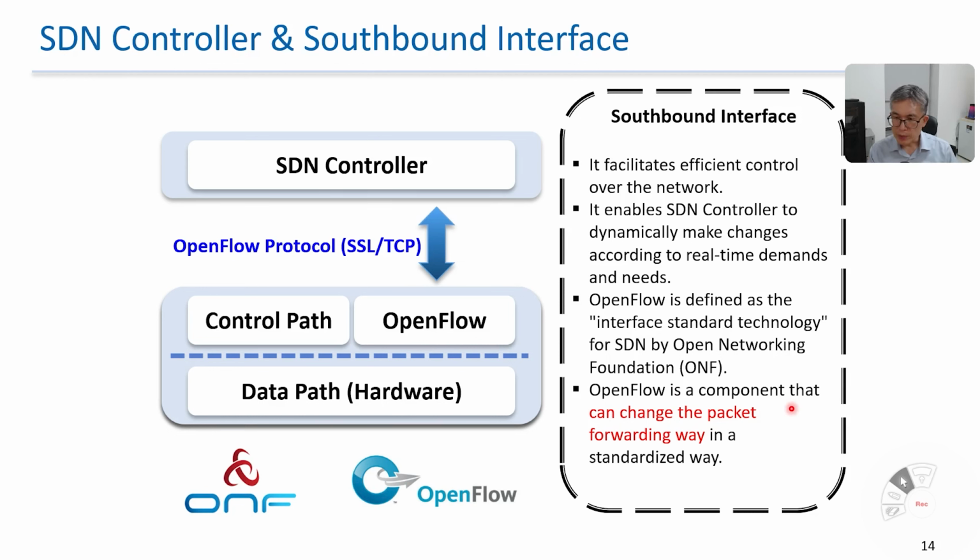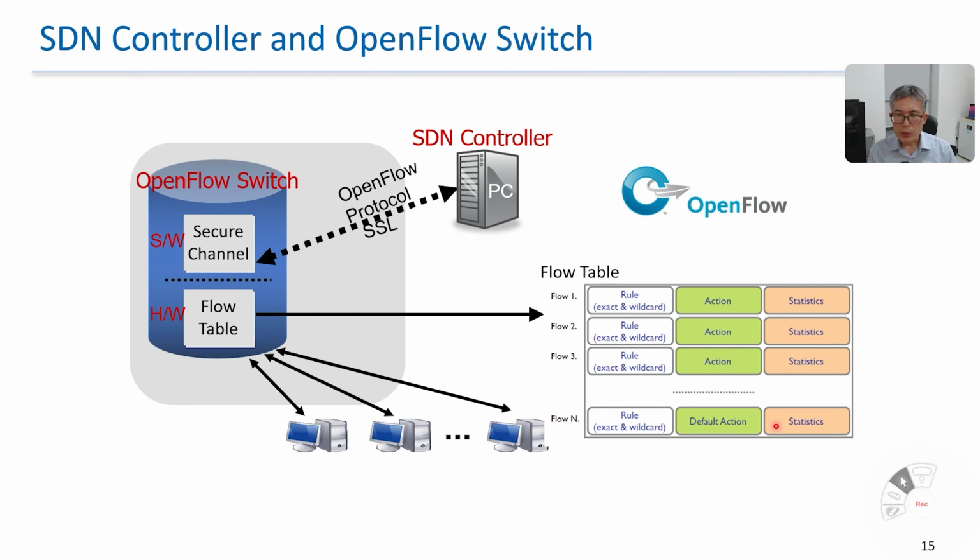OpenFlow is a component that can change the packet forwarding way in a standardized way. You can see the OpenFlow switch contains a flow table. The flow table has flow entries. Each flow entry consists of a rule for forwarding, an action such as drop, forward, or mirror, and statistics for this rule. The OpenFlow switch and SDN controller communicate with each other using the OpenFlow protocol.